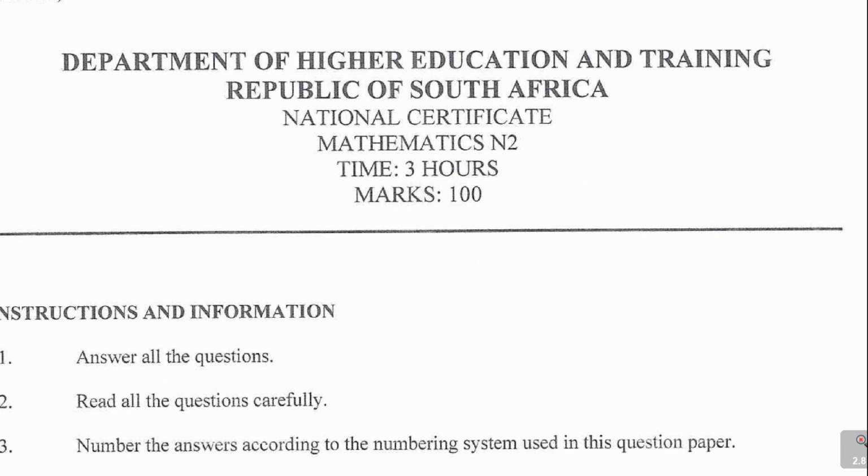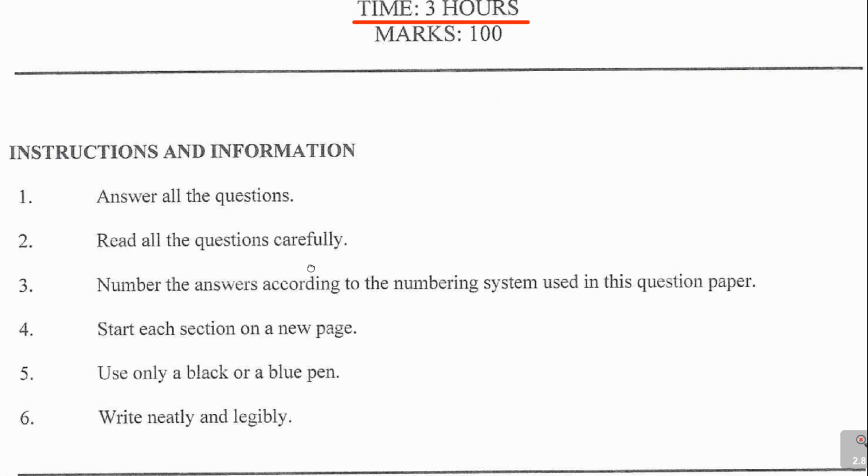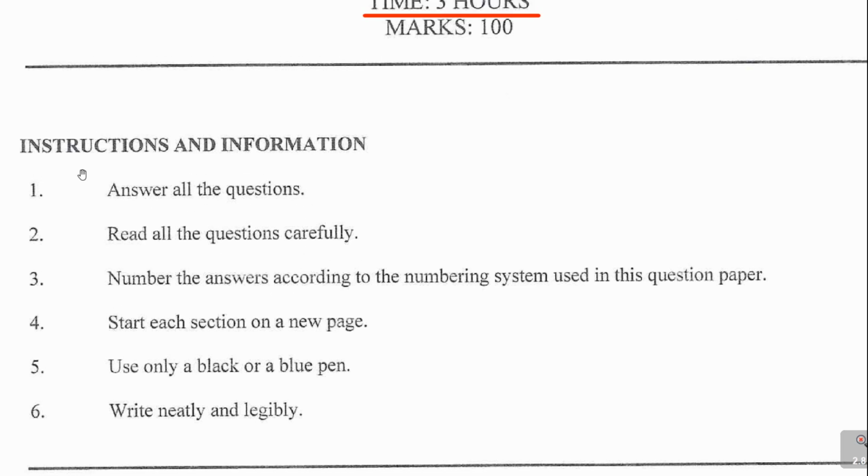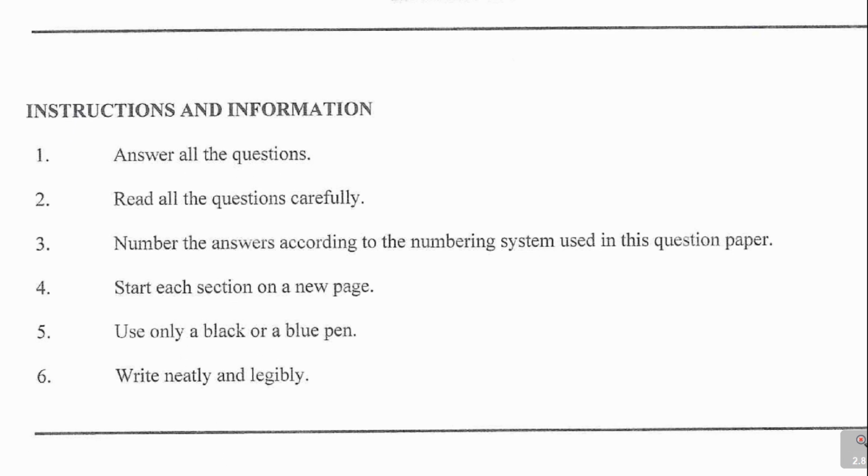It's a 3-hour paper, as I said in the previous video. I won't say much about these instructions. With N2, you are not really told the number of decimal places you can leave your answer in. So just like N1, you can leave them in 3 decimal places, which is the standard. But even if you leave them in 2 decimal places, you will not be penalized.